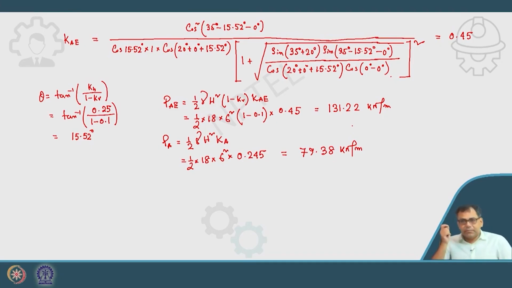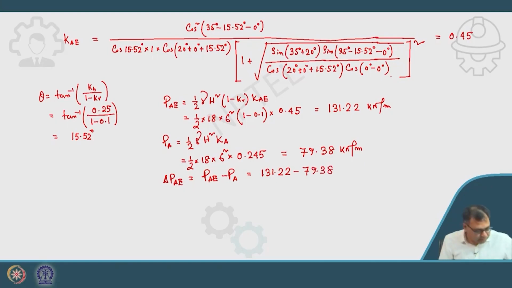Out of that value, 79.38 is due to the static force. And now del PAE, only the seismic component, is PAE minus PA. So this is 131.22 minus 79.38. So that will be 51.84.